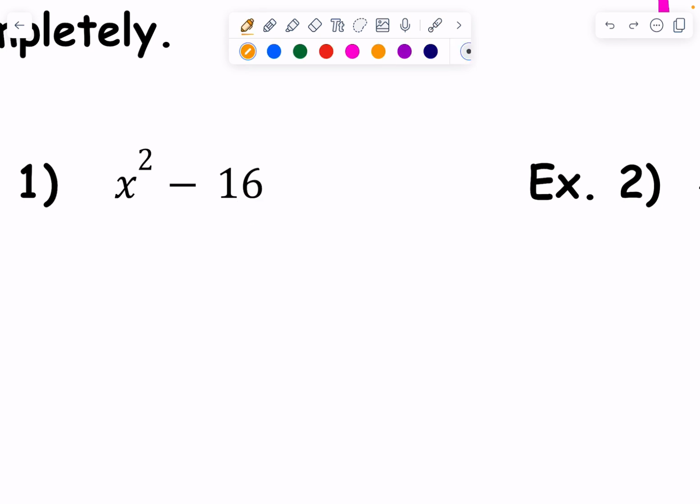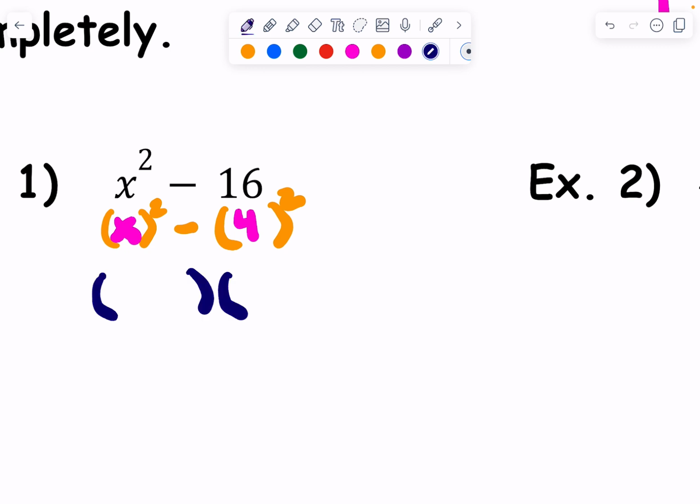So now what we're going to do is see if we have perfect squares. So we're going to identify perfect squares. We already have the difference. So you can see that the first one is just x being squared, and the second one is a perfect square, which is 4 squared. So immediately we see difference of perfect squares. So we make our two factors, one with a plus, one with a minus, and it doesn't matter which one you put first.